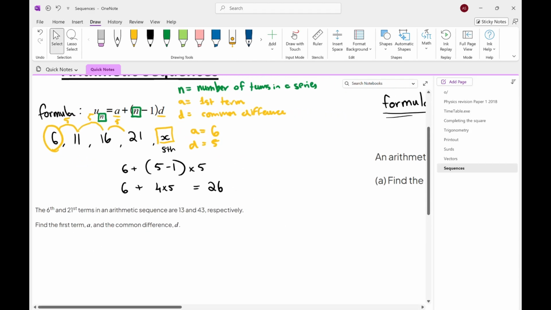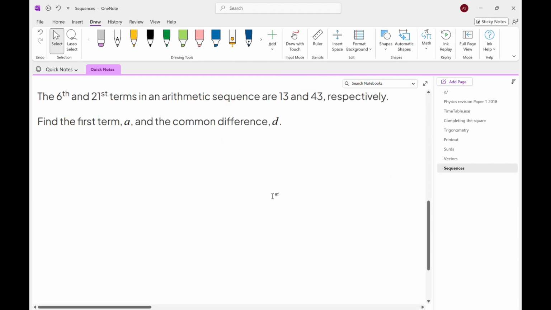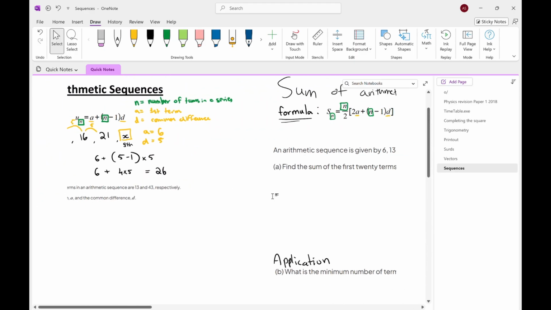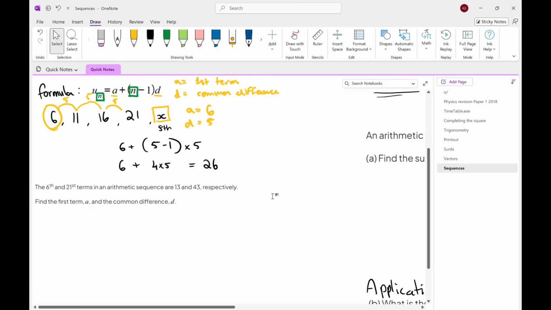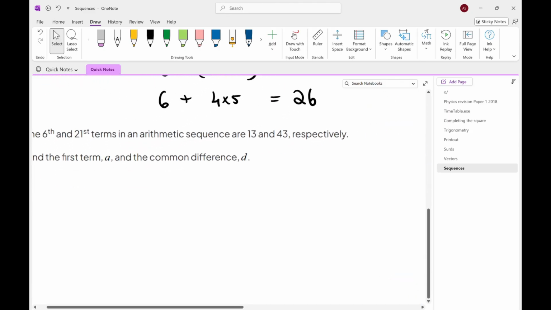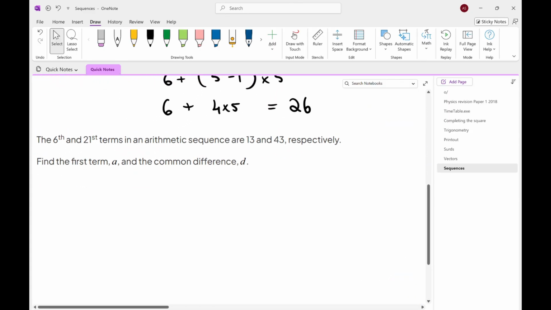Now, to apply this further, in our next example, we can apply this same formula to solve this. The 6th and the 21st term of an arithmetic sequence are 13 and 43 respectively.